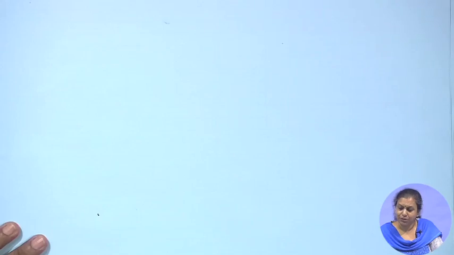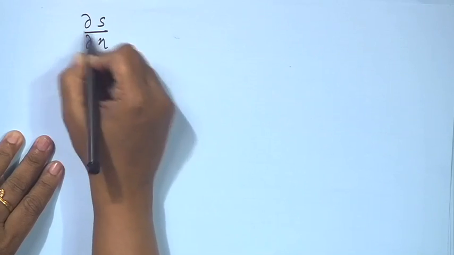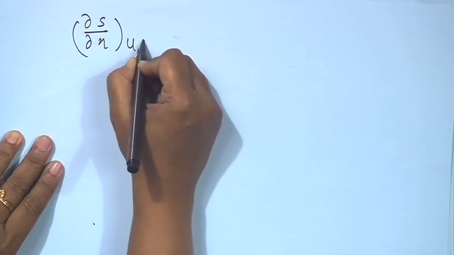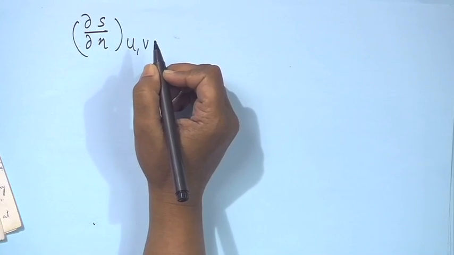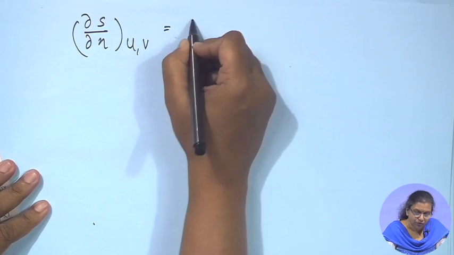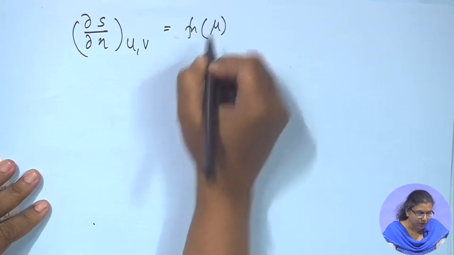Let us see this relationship before we proceed further. Now, can we not write it in this form? dS equals, we can write it as, del S del N at capital U, V. We would like to find how this is related to mu.